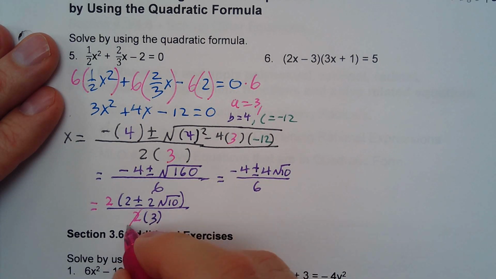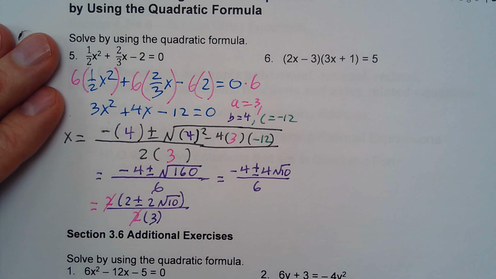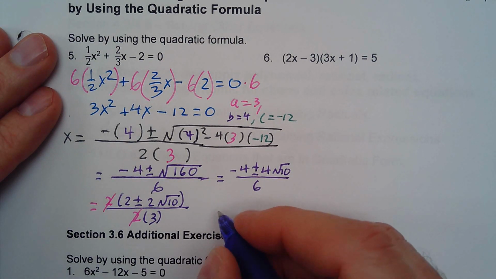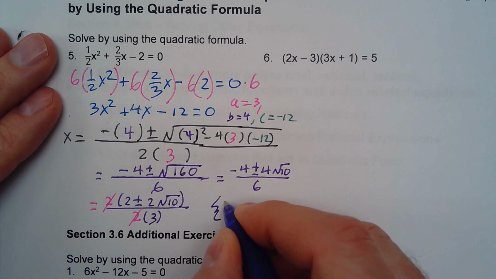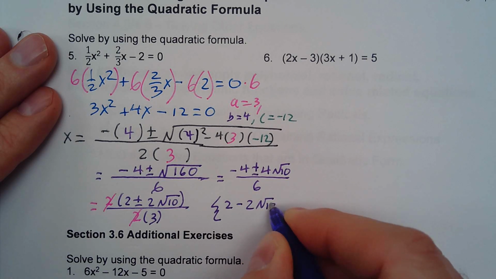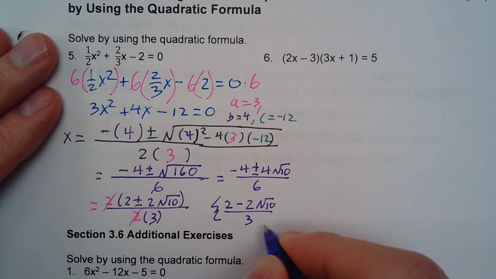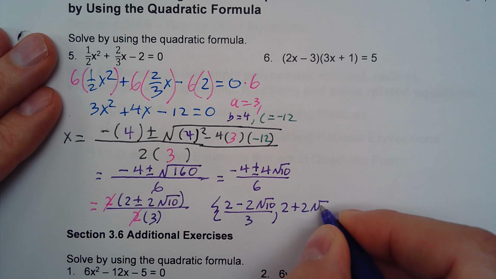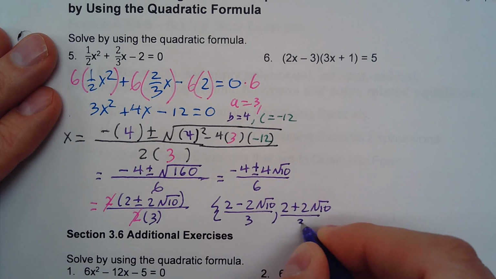And then those 2's are going to divide out. So my answers here are going to be 2 minus 2 square root of 10 over 3 and 2 plus 2 square root of 10 over 3.